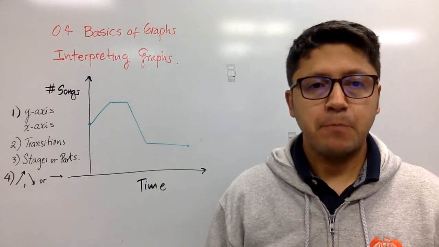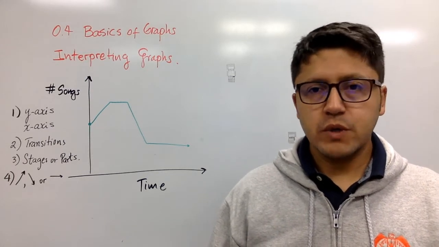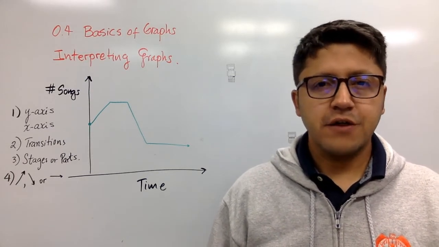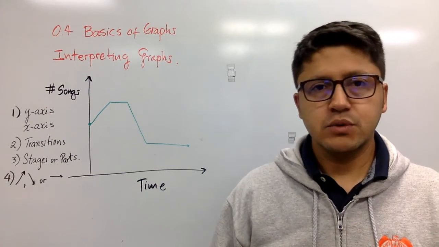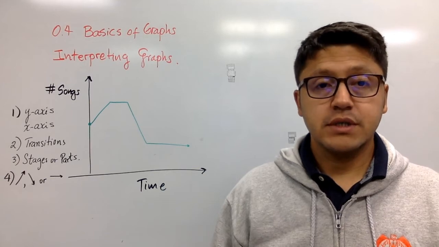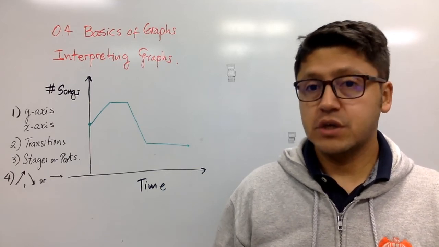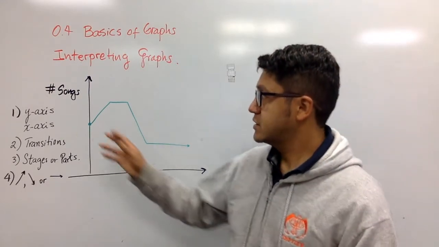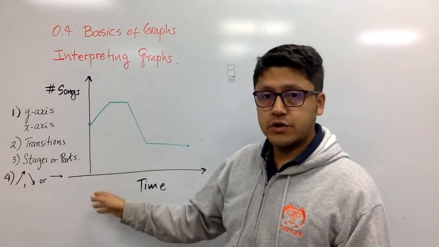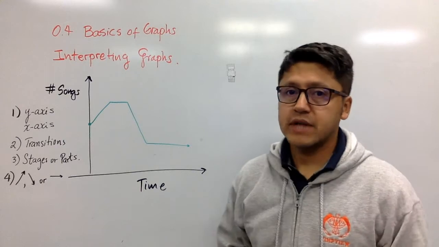understand clearly. So, whenever we want to interpret a graph, I thought about four things that you might take into account. The first one is whenever you see the coordinate plane, you focus on what's on the vertical and what's on the horizontal axis.